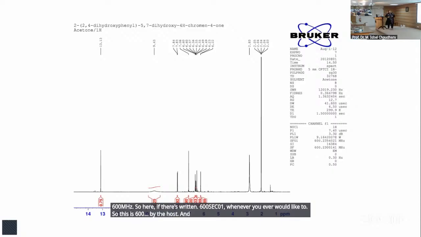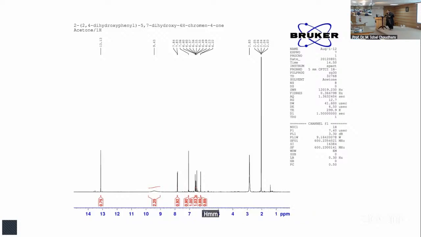And how many scans are there? 8. Good. So NS is 8. And what is DS? Dummy scans. Here it is 0.